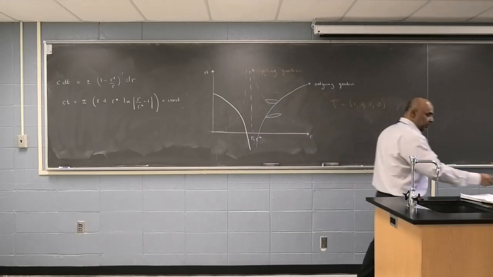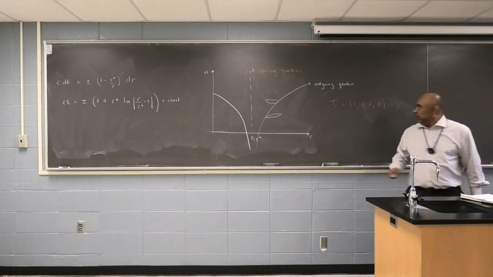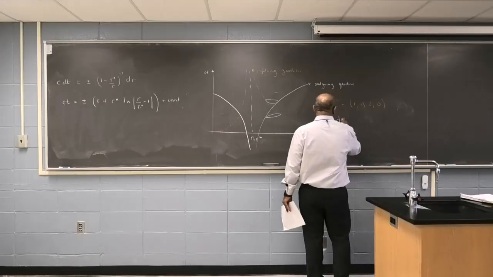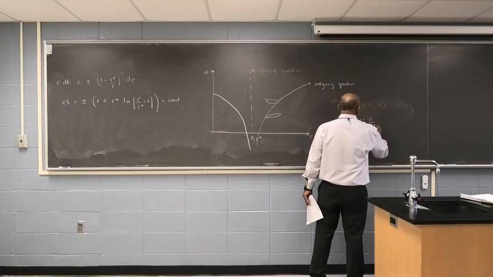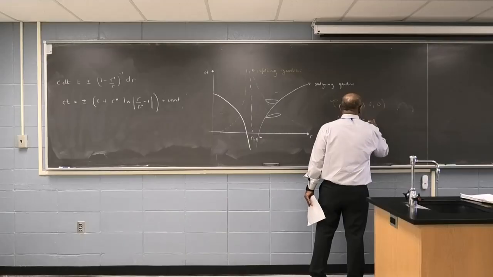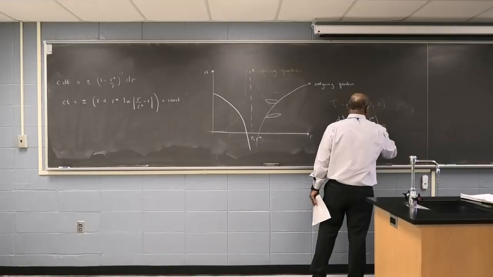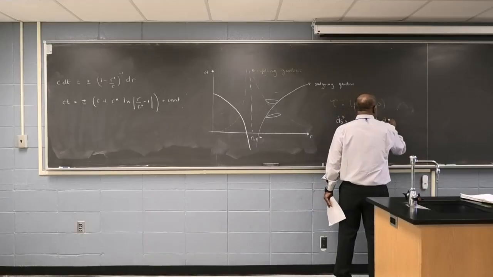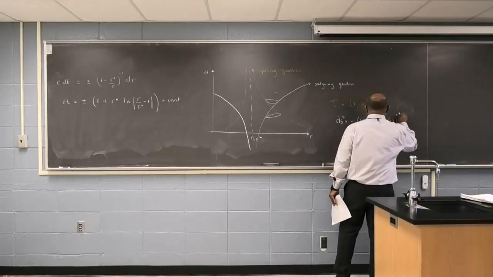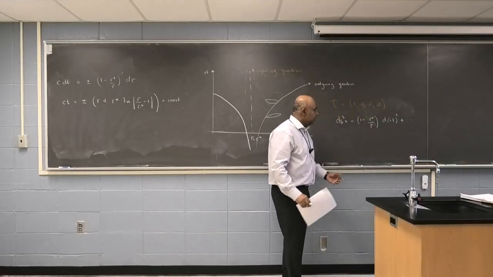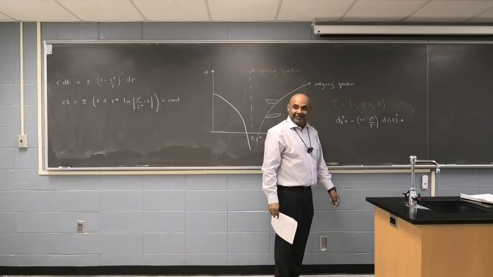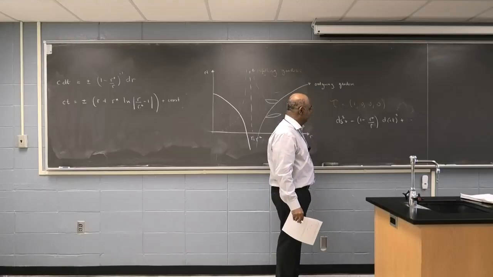What's the reason behind it? If you look at ds squared, for example, you would get minus 1 minus R star over R, d ct squared, plus other things. Okay, it's messy.